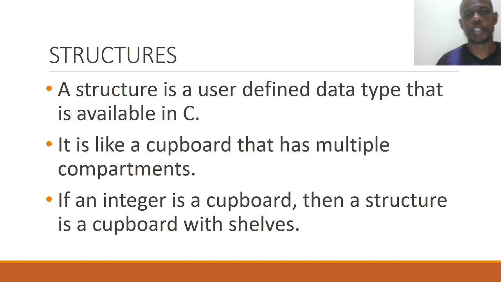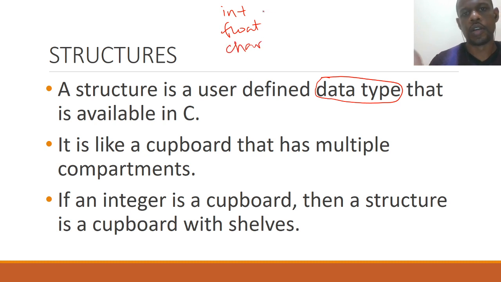So how a structure is made up is that it's something called a data type. As far as we know, data types are usually int, float, or char. Now, int means it can only hold whole numbers, positive or negative, like positive 5, negative 5, but no decimals.